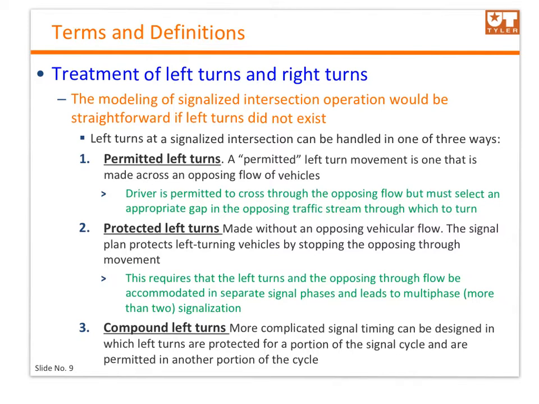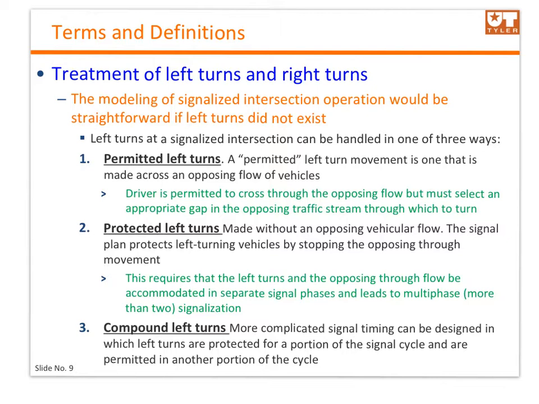This means the driver is permitted to cross through the opposing flow, but must select an appropriate gap in the opposing traffic stream through which to turn. So that means now it's the responsibility of the driver. If they want to take a left turn, they need to watch the oncoming opposing vehicle movements, and once they have enough gap in the opposing movement, then they can turn left.